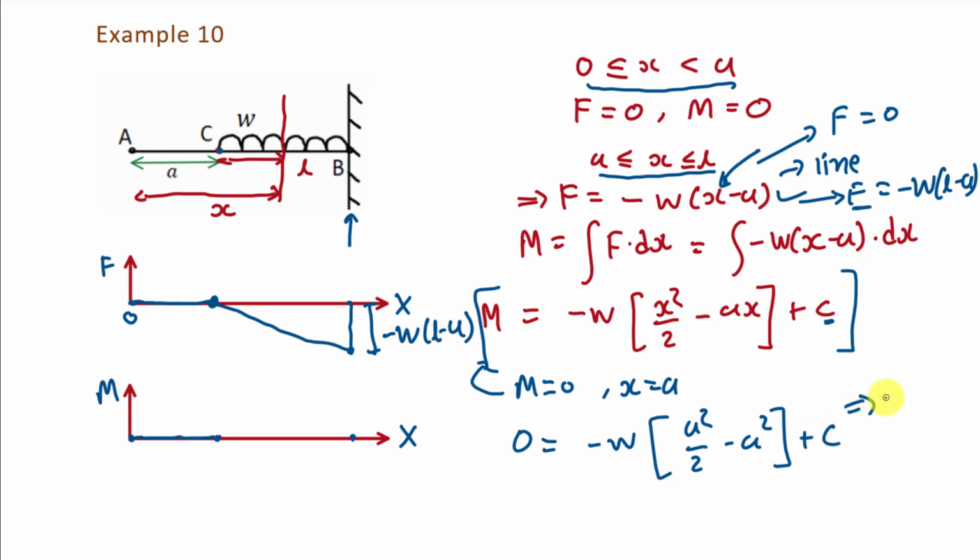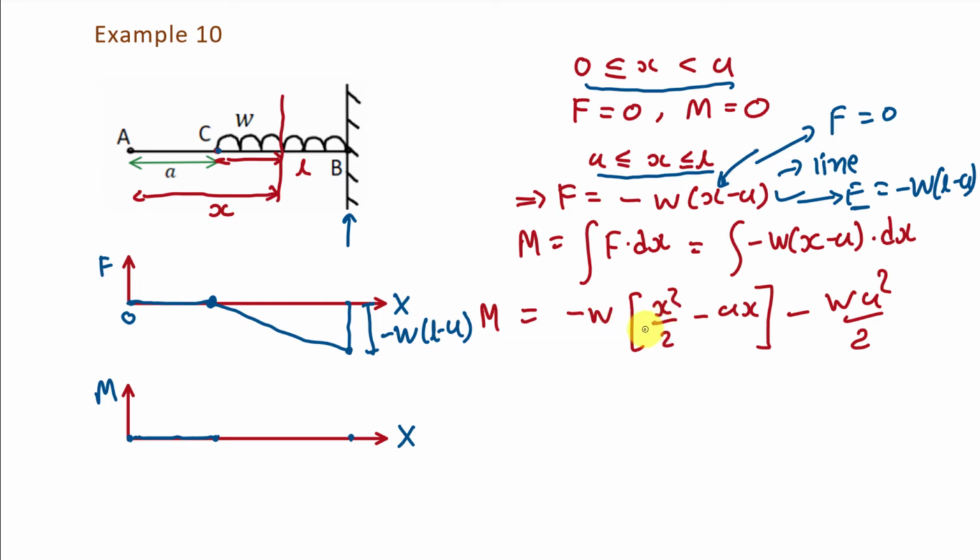So finally value of c will be equal to minus w a square by 2. So instead of c, here we put minus w a square by 2. Okay. Now we know that this equation is of parabola because here the degree of x is 2.